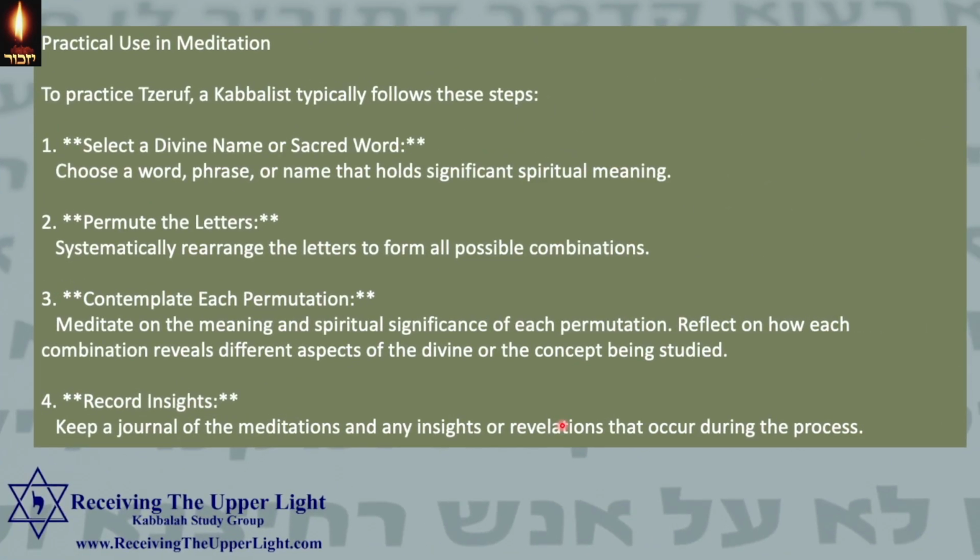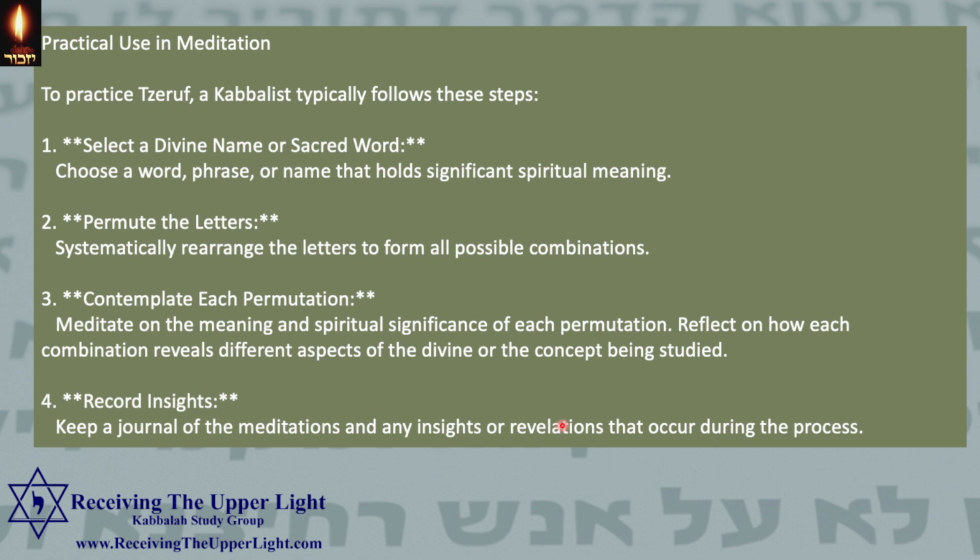So what are the practical uses in meditation of Tzeruf, right? The Kabbalist usually will follow the following steps. They select a divine name or sacred word, choosing a word, phrase, or name that holds significant spiritual meaning. So you choose Genesis 1, verse 1.